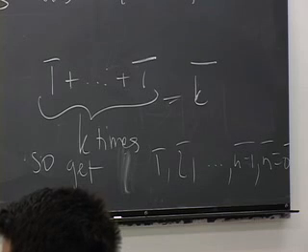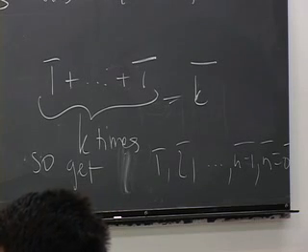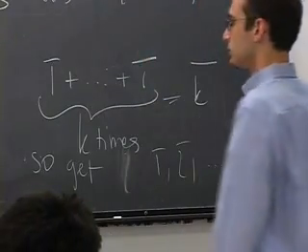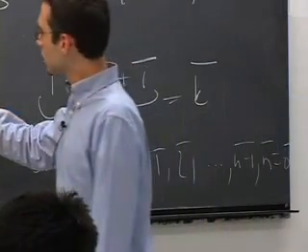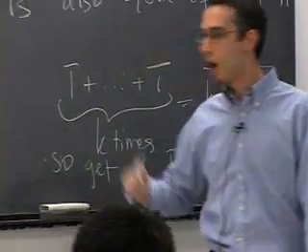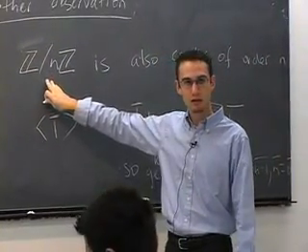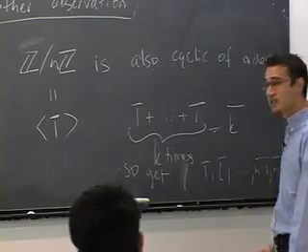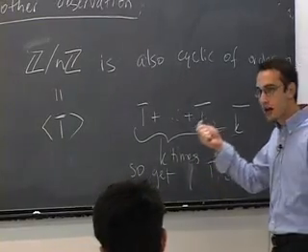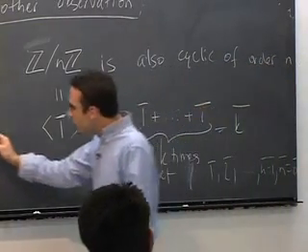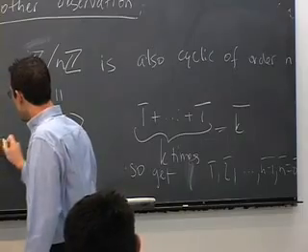Excuse me, I'm not exactly sure why the cyclic group generated by 1 bar is equal to Z mod nZ. So the question is, why is the cyclic group generated by 1 bar Z mod nZ? Well, what is the cyclic group? It's the set of, in one notation, the powers.